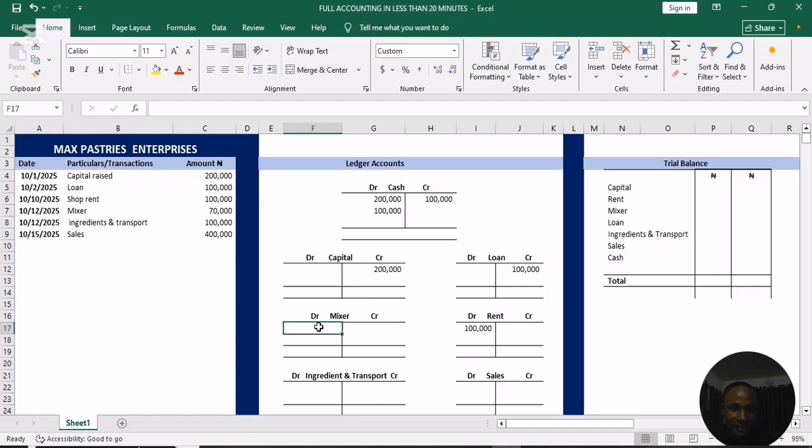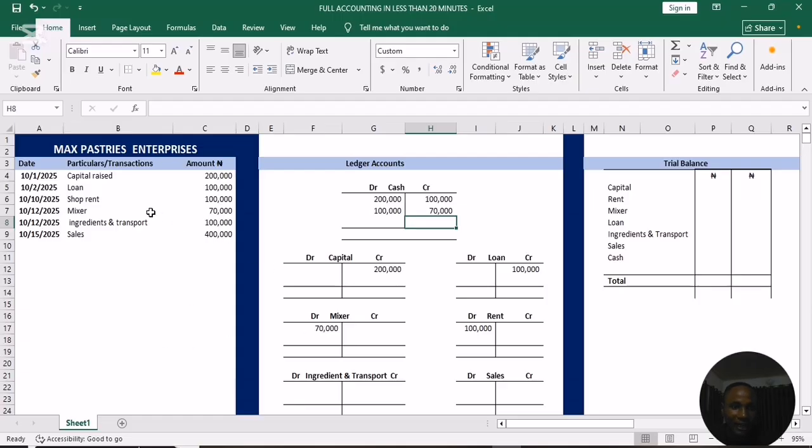We hit here in the mixer's ledger account, then hit equal to, then select the amount. Absolutely. Then the corresponding entry in the cash account should be on the credit side. So we hit right here, then equal to, then pull up the 70K. Good.